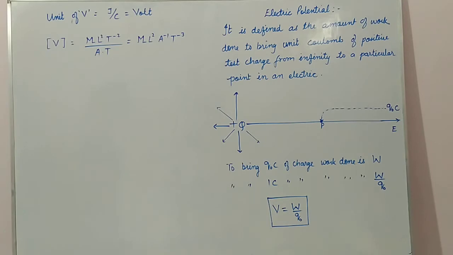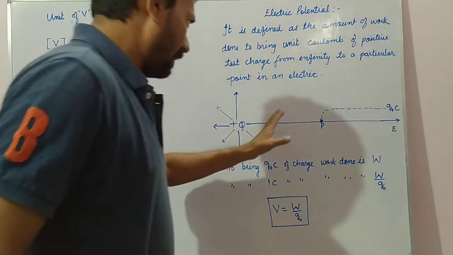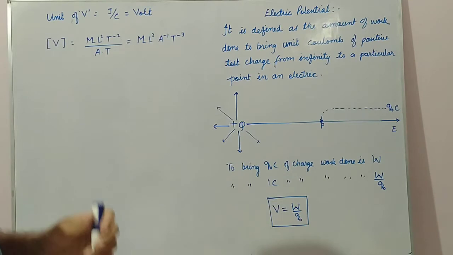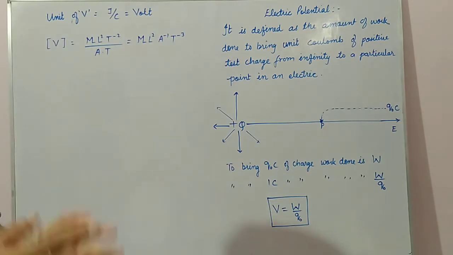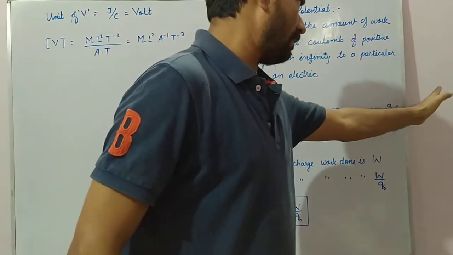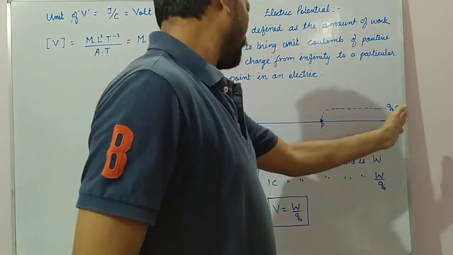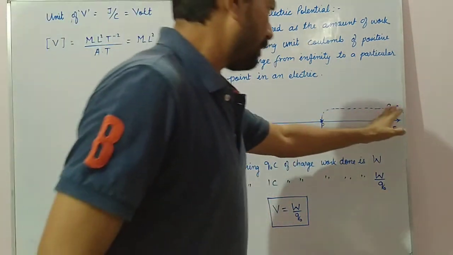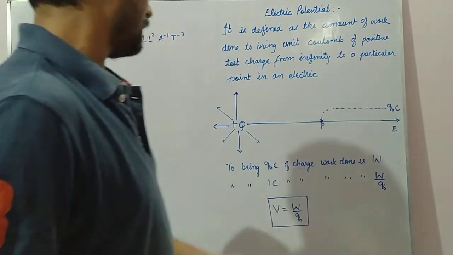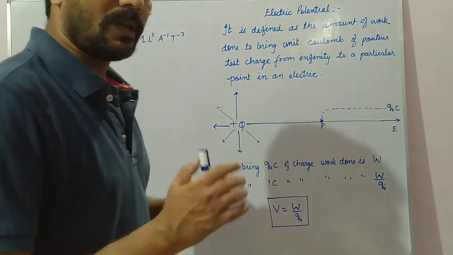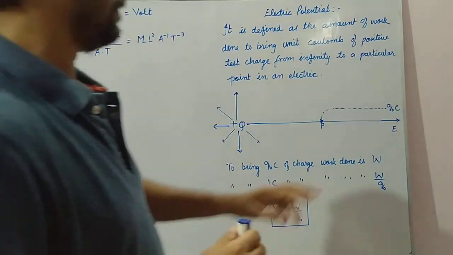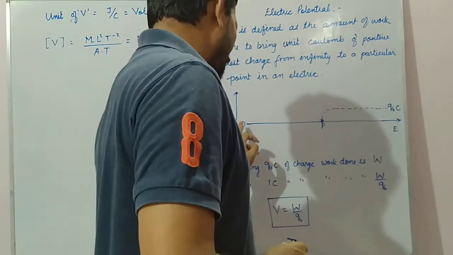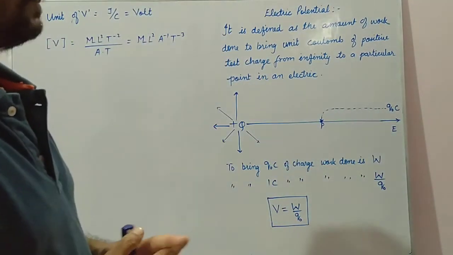Now see here, electric potential is defined as the amount of work done to bring unit coulomb of positive charge from infinity to a particular point in an electric field. So when Q0 coulomb of charge is brought towards Q, this is positive charge plus Q0, and this one is also plus Q. So there is repulsive force between the plus Q0 coulomb of charge and plus Q coulomb of charge.